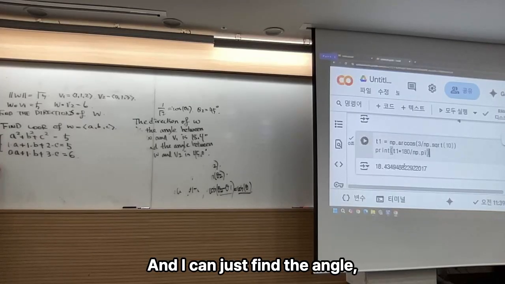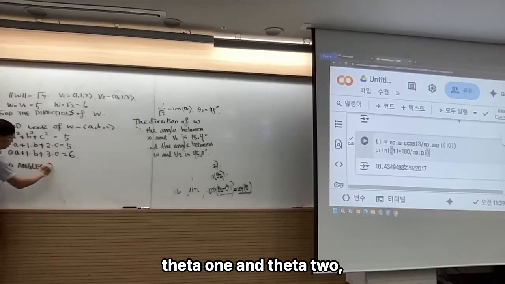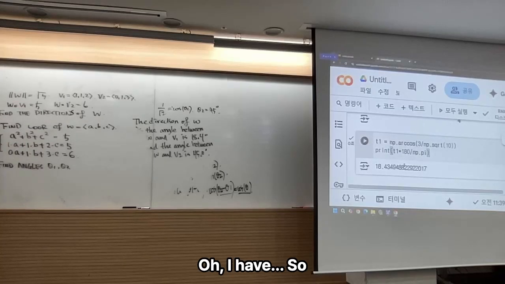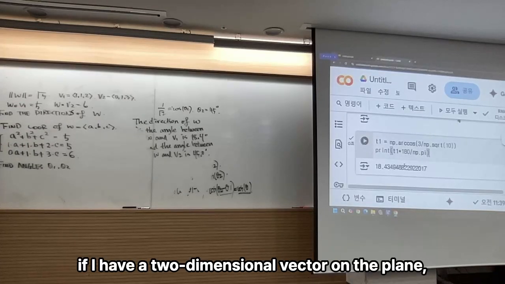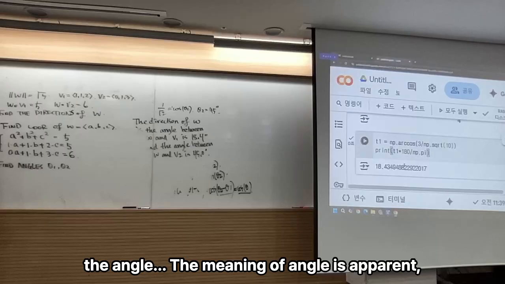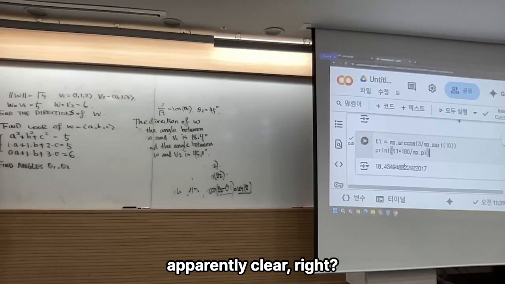And I can just find the angles theta 1 and theta 2. And there are many problems here. If I have a two-dimensional vector on a plane, the meaning of angle is apparently clear, right?